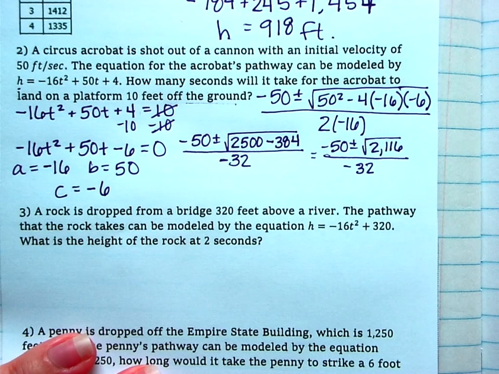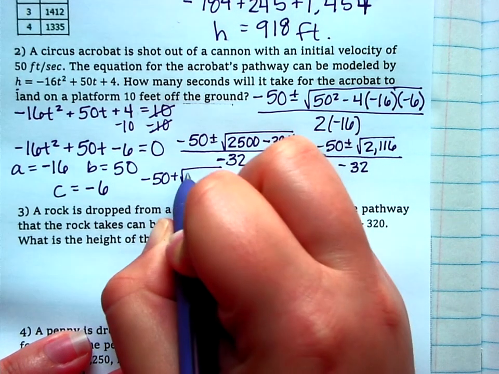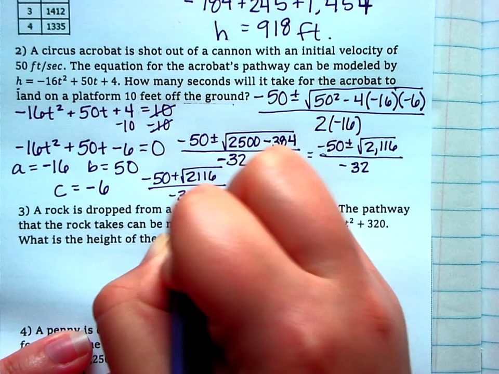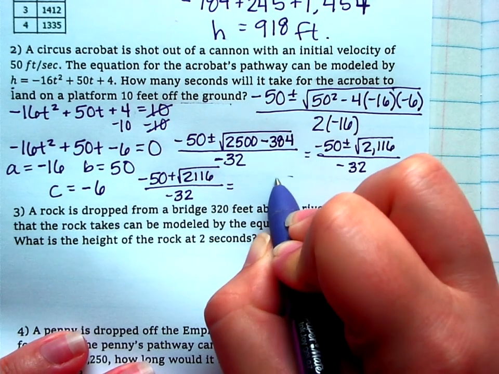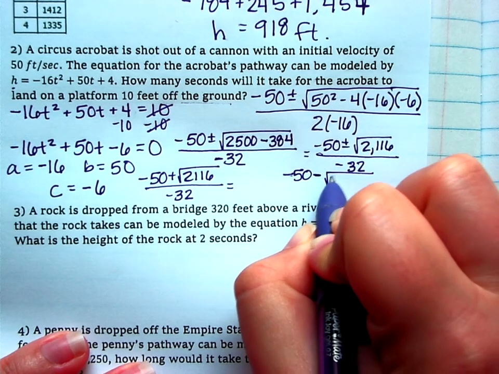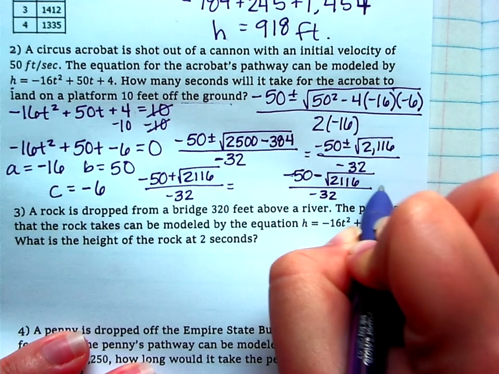So now let's break this up into the plus sign: negative 50 plus the square root, divided by negative 32. And what do we get when we do negative 50 minus the square root, all divided by negative 32?